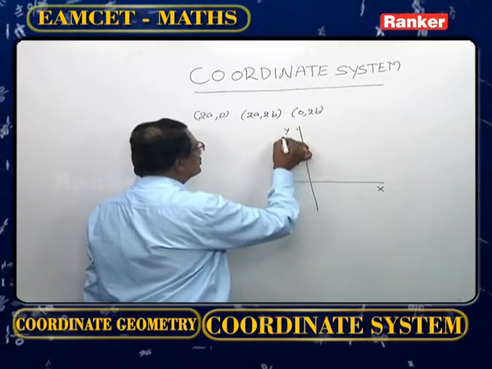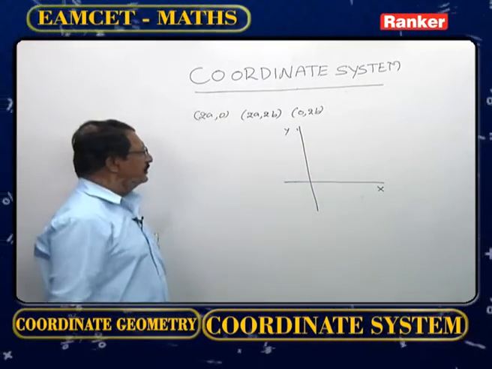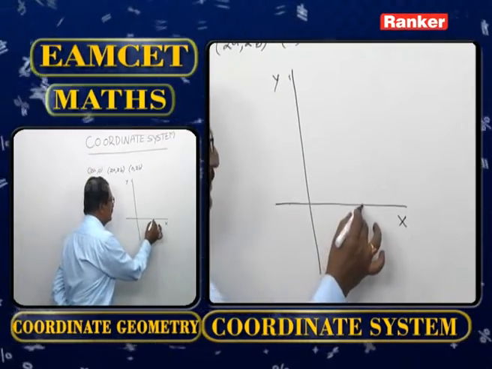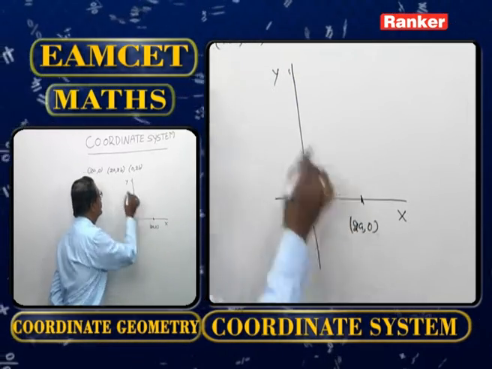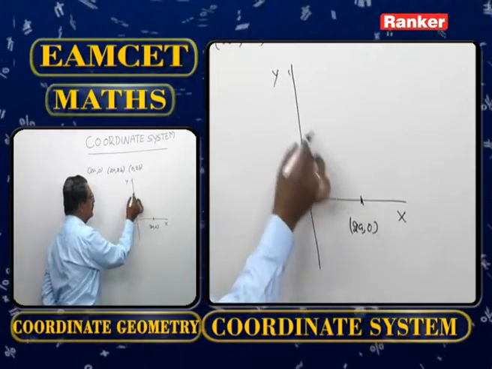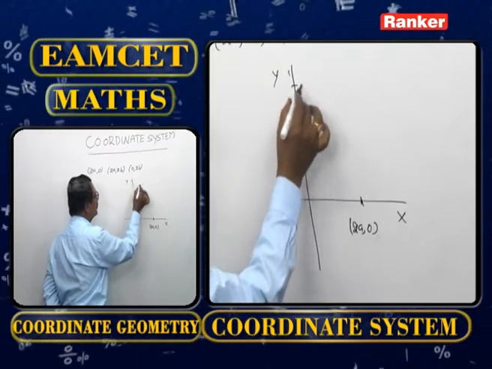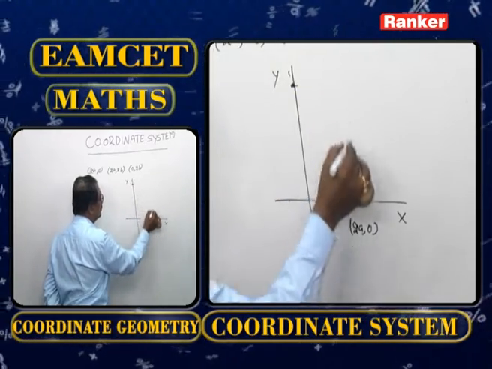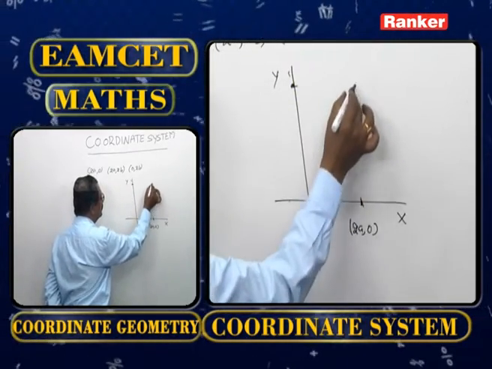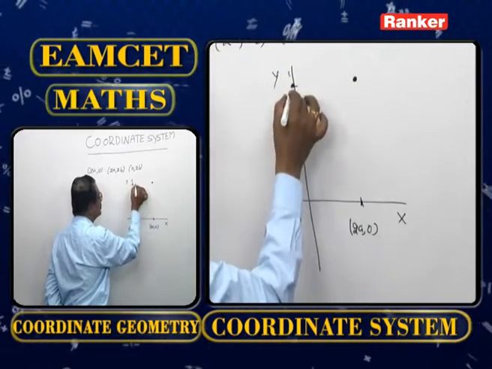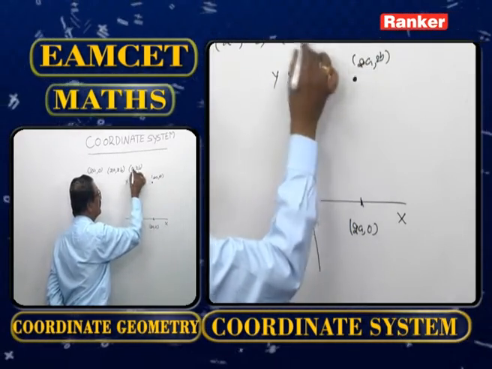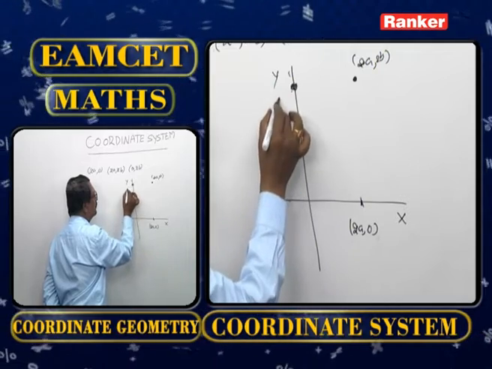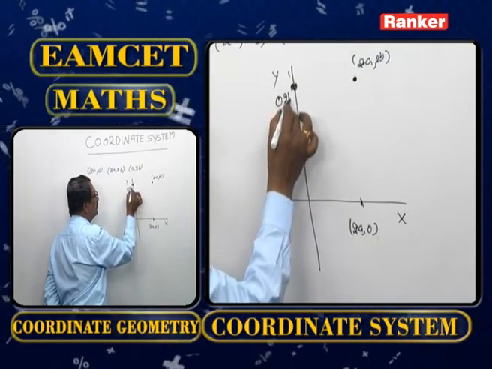Take the x axis and y axis. First point (2a, 0) lies on the x axis. Second point (2a, 2b): on the x axis 2a, y axis 2b. Third point (0, 2b).